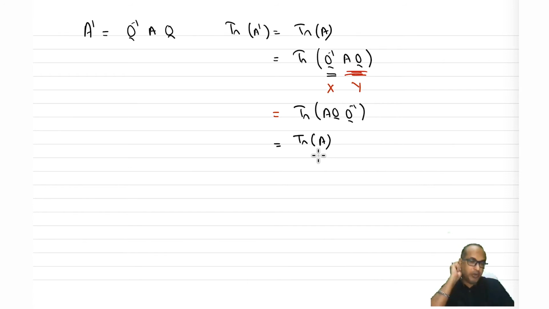Now why is that important? Because we have shown that similarity transformation does not change the trace. And we know that elements which belong to the same class are similarity transformations of each other. So let me write it down.